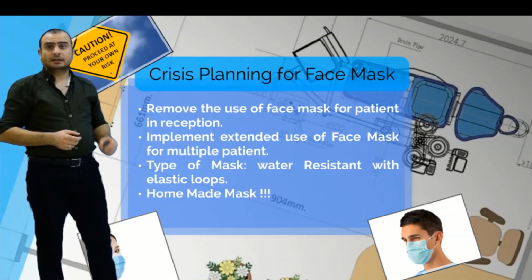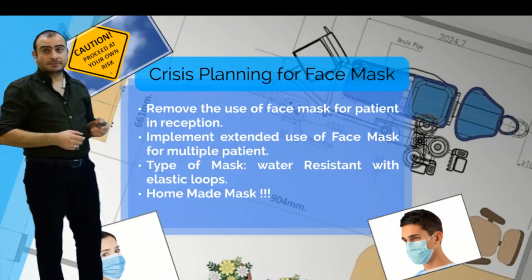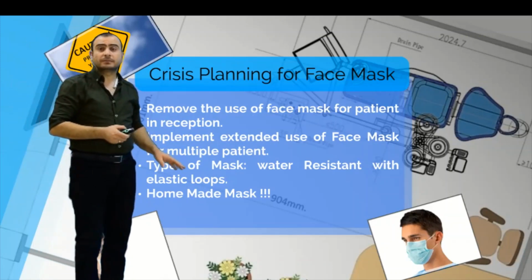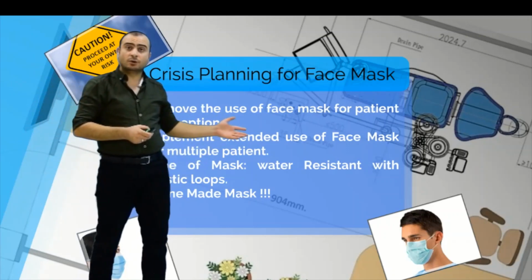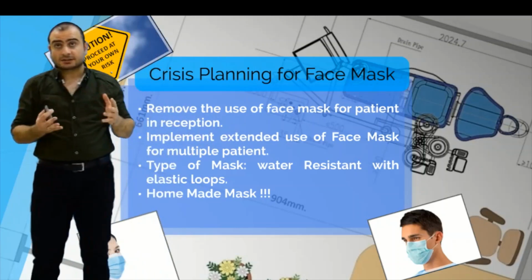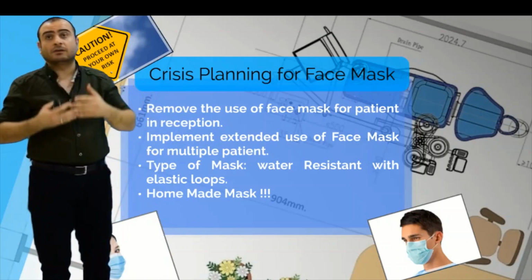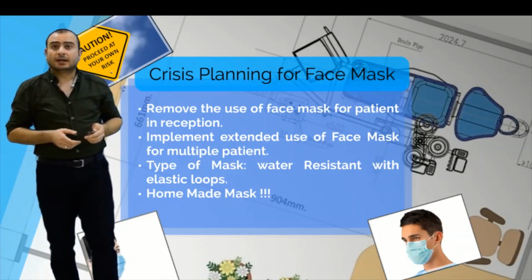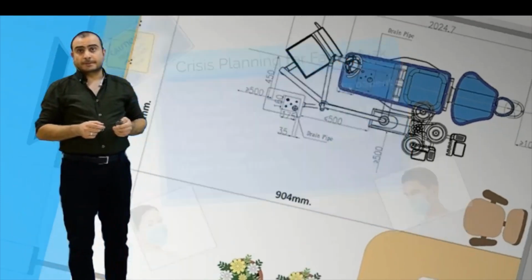Homemade masks, sometimes locally produced masks, are sometimes available, but they shouldn't be used during this period because in most instances homemade and locally produced masks are not water resistant. If used as a last resort, a homemade mask should be used in combination with a full face shield for a non-aerosol generating procedure, and it should never be used for an aerosol generating procedure.